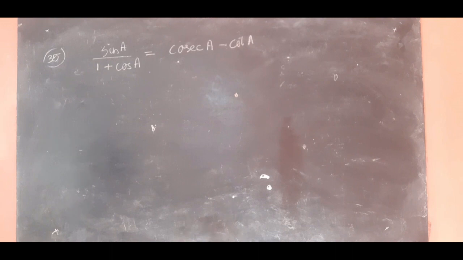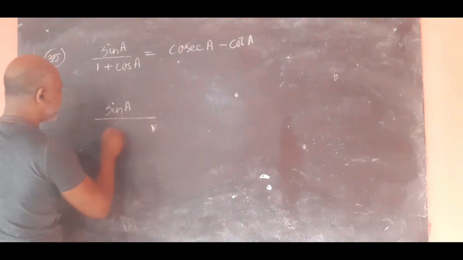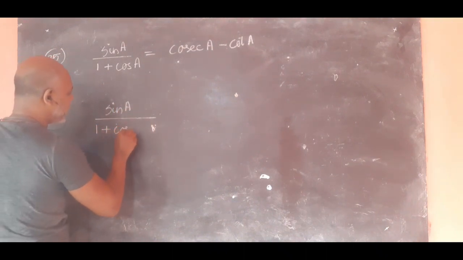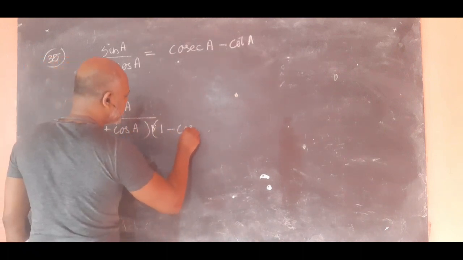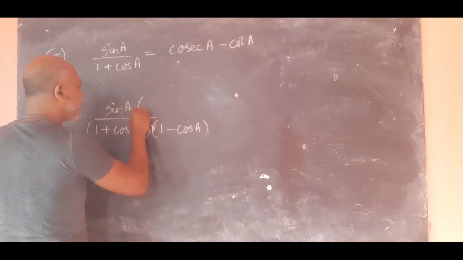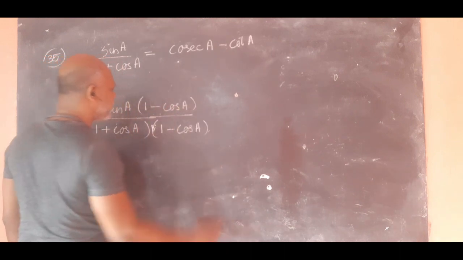We have 1 plus cos A in the denominator. So on the denominator we multiply 1 minus cos A, and 1 minus cos A on the numerator.